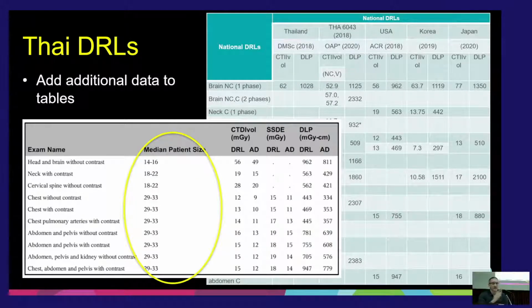For the ACR, we use size, but for the Thai DRL, they just need to come up with what to use. They use weight for body, and maybe for head they can use age. Personally, coming from a pediatric site, I believe size is best, because even for a 5-year-old kid, you can have a big-head kid and a small-head kid. Hydrocephalus, that's what you're saying, right? Yes, you can do that.